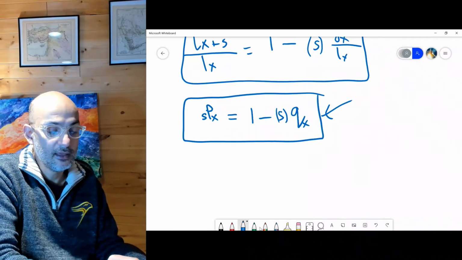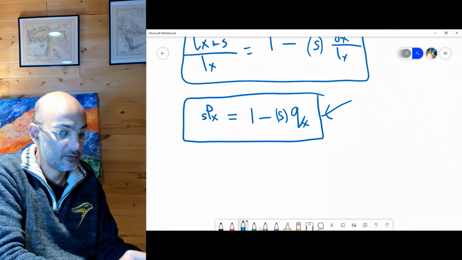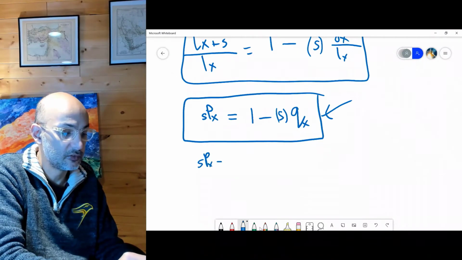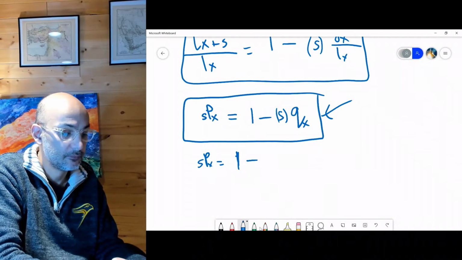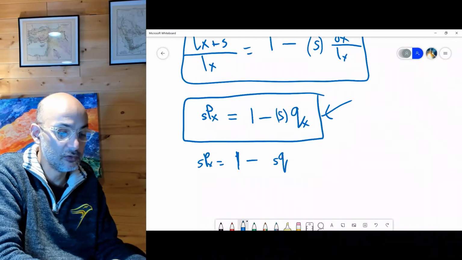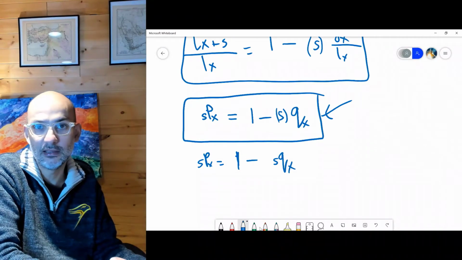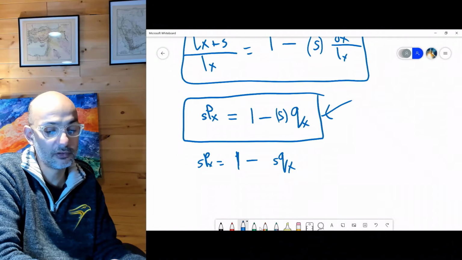Similarly, s p x is 1 minus s q x, not multiplied. This is not multiplied: for a life that reached age x, what's the probability of dying within s period?